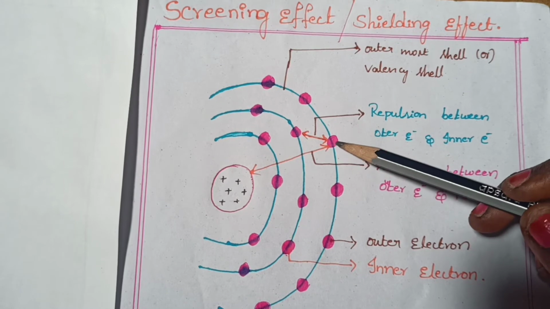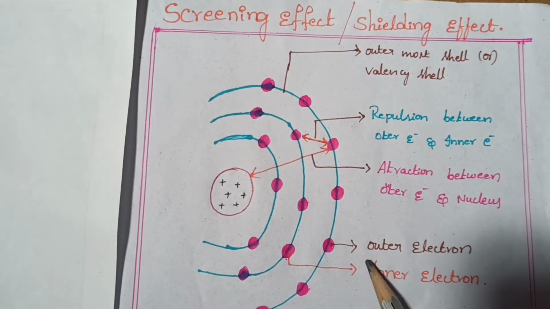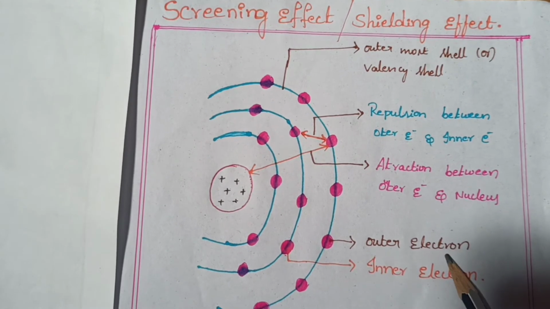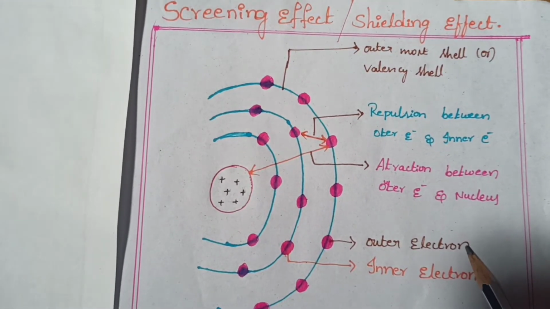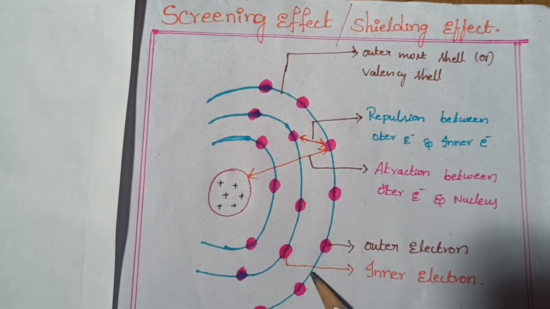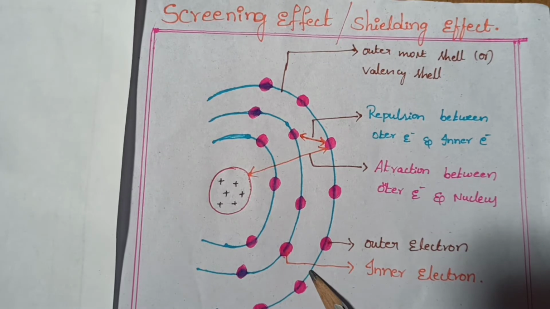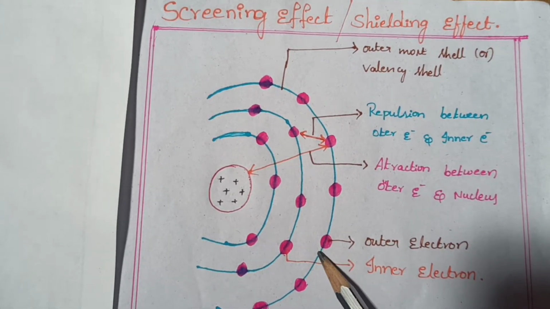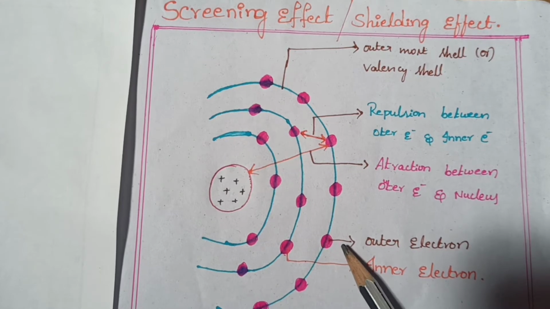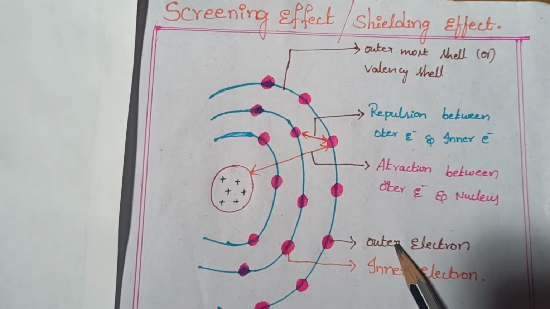When electrons are present in this shell, these electrons are called outer electrons, and also valency electrons. This orbit is the valency orbit, and the electrons present in it are outer electrons or valency electrons.